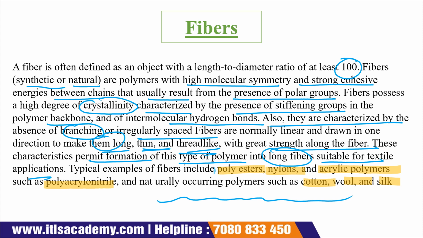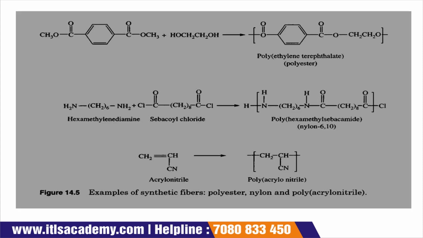Here is the diagram of synthetic fibers: polyester, nylon, and polyacrylonitrile. Here, this is polyethylene terephthalate polyester. Here it is hexamethylene diamine and suberoyl chloride. So these are the examples of this.